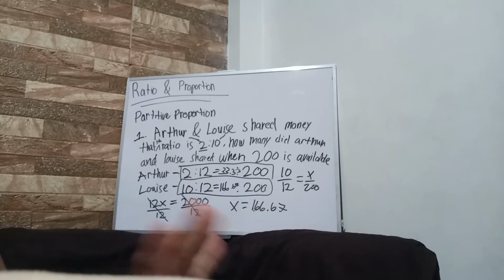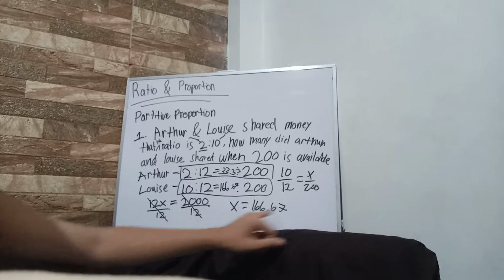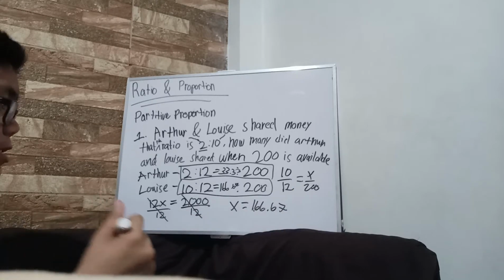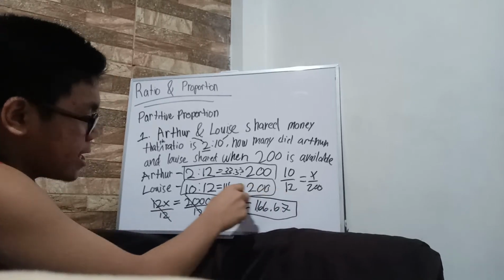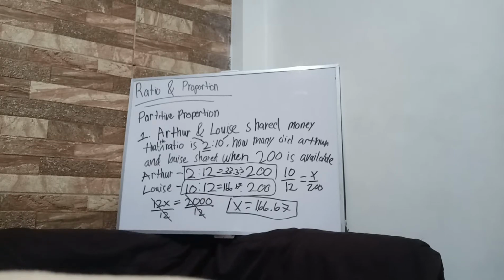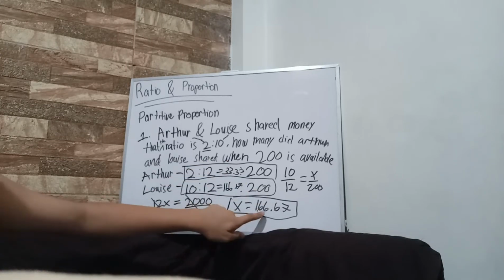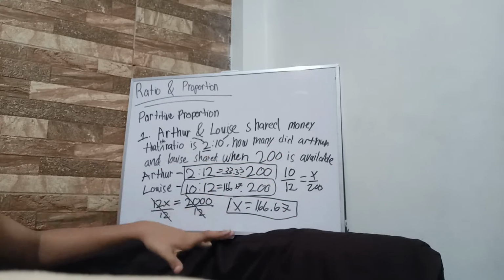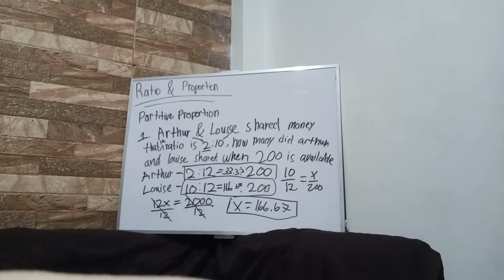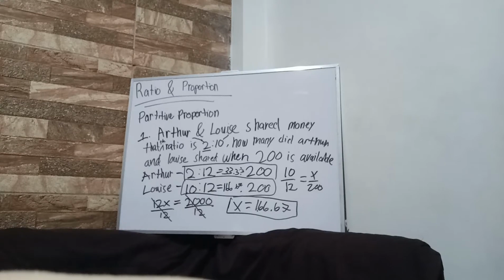But if your teacher asks where the formula is, you need to write those, then put the answer in a rectangle. When you put it in a rectangle, that is when you apply it to the real situation. So that is a partitive proportion.